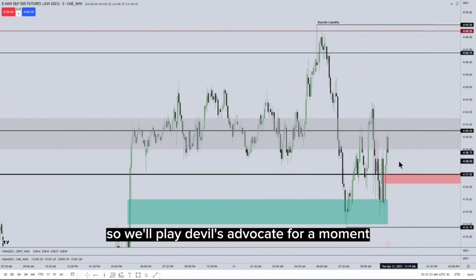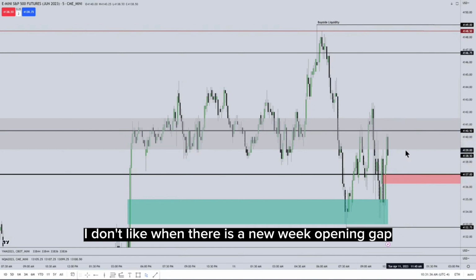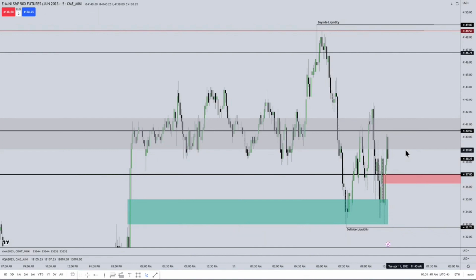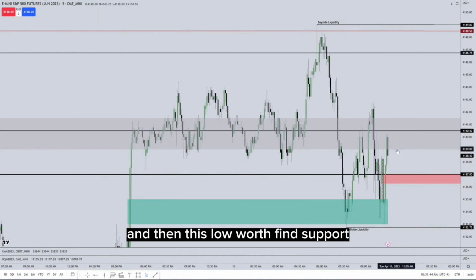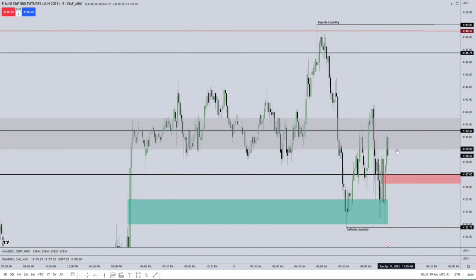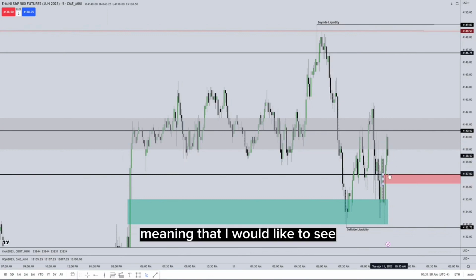We'll play devil's advocate for a moment. I don't like when there is a new week opening gap framed when there's a holiday, as I mentioned at the beginning of this presentation. But if we can trade higher and then this low were to find support, that's the same logic that I use with a new week opening gap, meaning I would like to see price stay above the low of that new week opening gap.